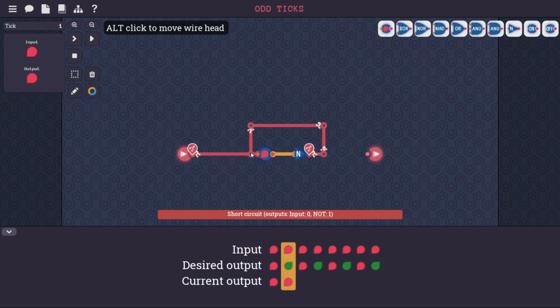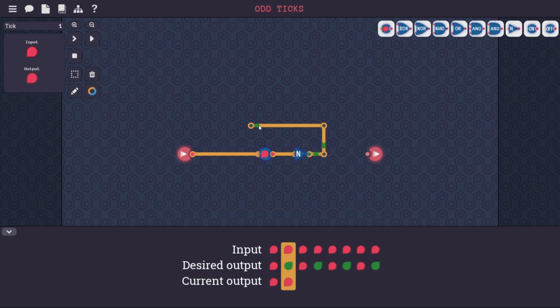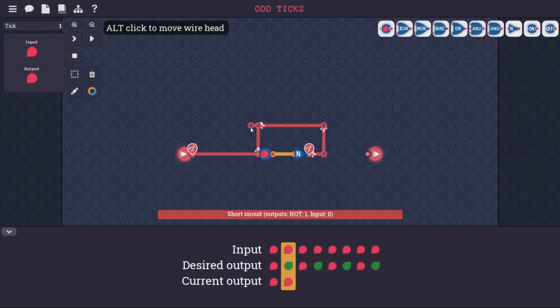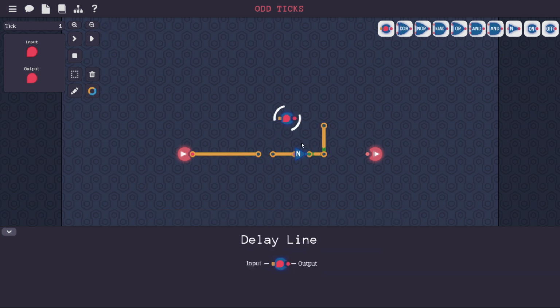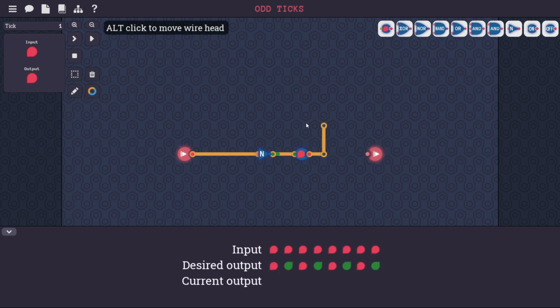Oh, that's a circular dependency. So what if we place this here and this here? That's a circular dependency.